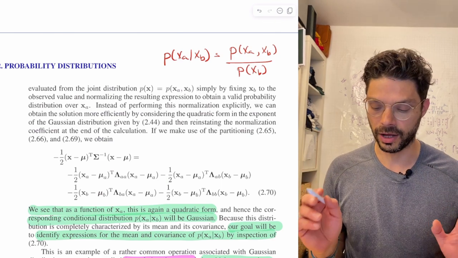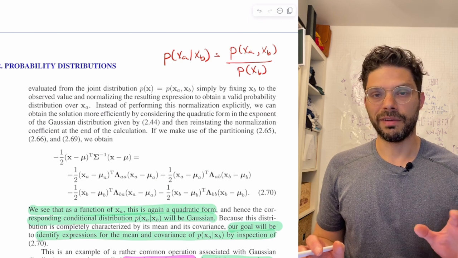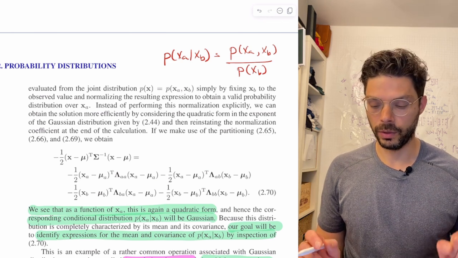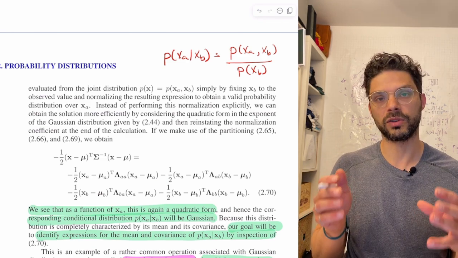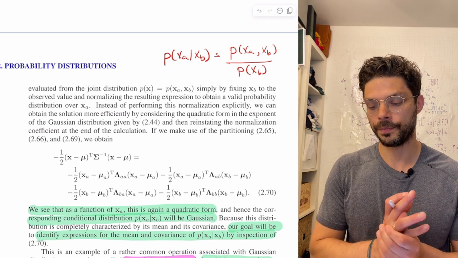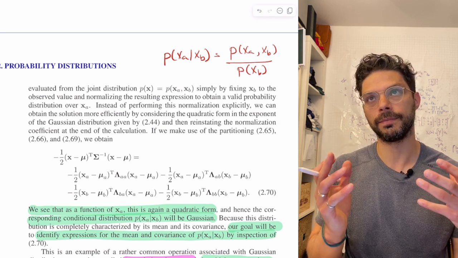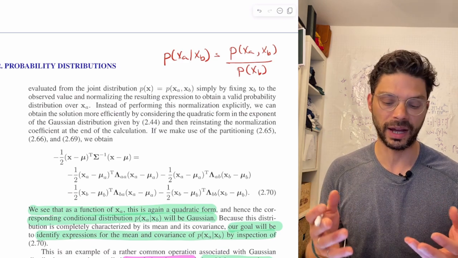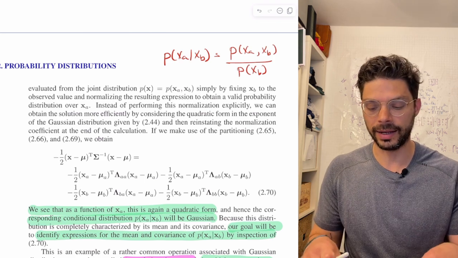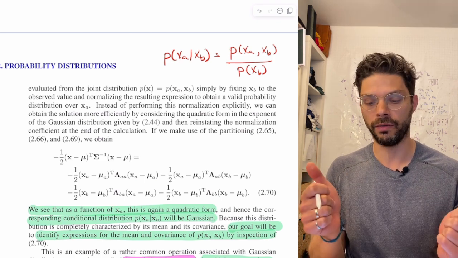But there's often a much faster way of doing things. It has to do with working with what's going on inside the exponential, looking at the form it's going to take, noticing that it's the form we expect for a Gaussian, and then manipulating that little part of the expression to figure out what the mean and the covariance are.